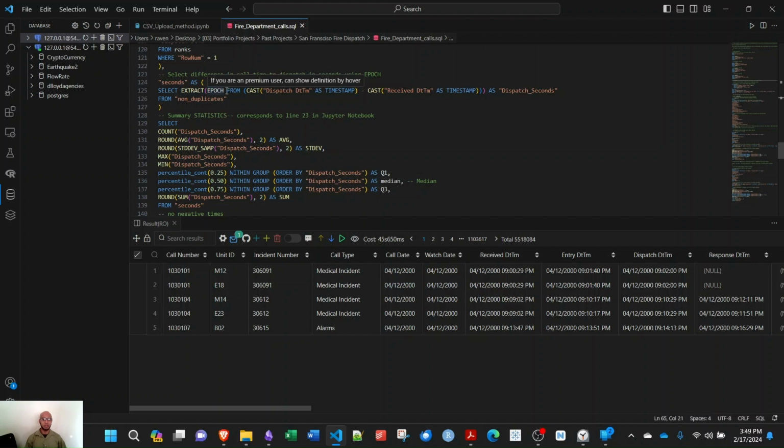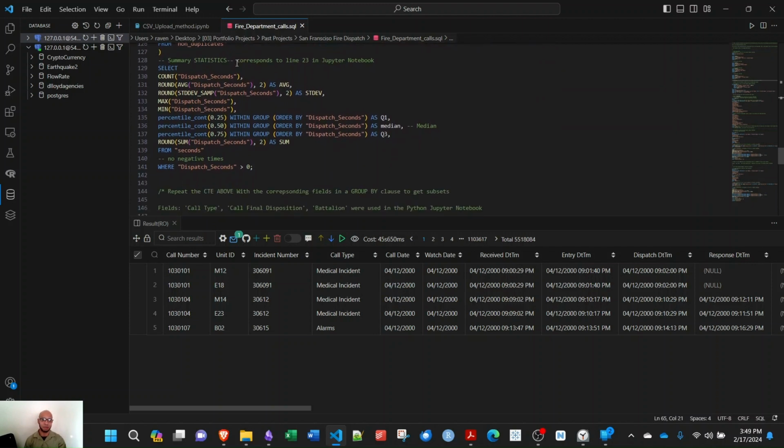I had to look up this documentation. I'm still getting used to working with not date data in SQL, but timestamps itself. Pulling seconds is always tricky. I pulled this from the non-duplicates, so I'm making sure I only have the non-duplicated seconds that were partitioned according to that rank I mentioned previously. Finally, I can get to my summary statistics.